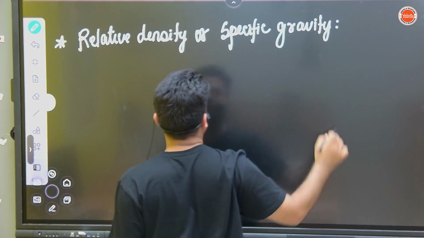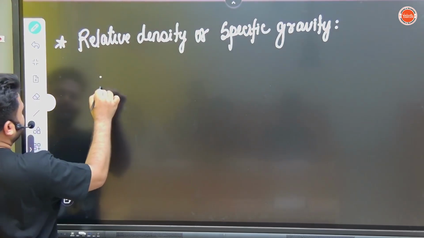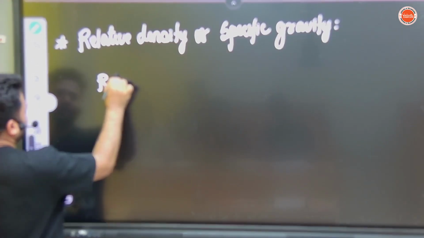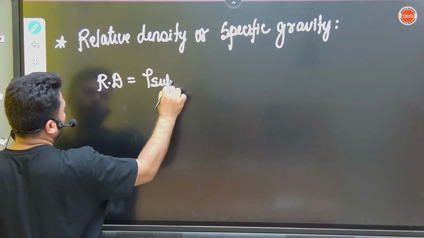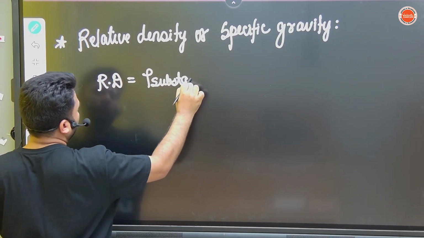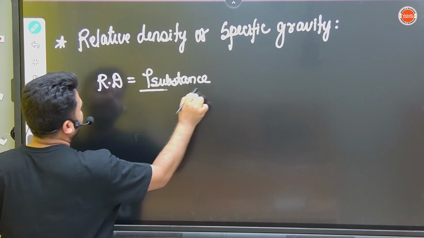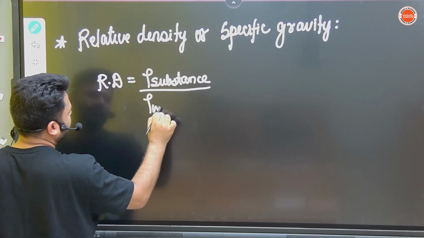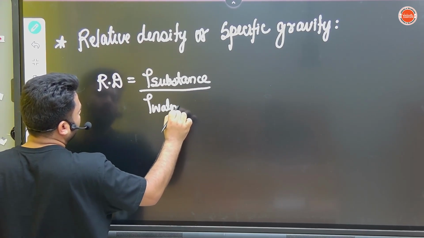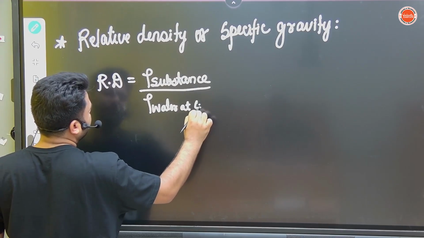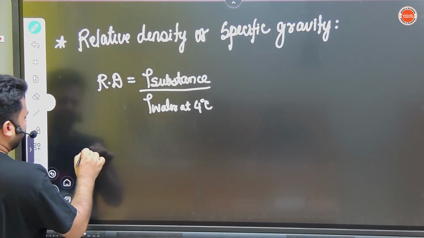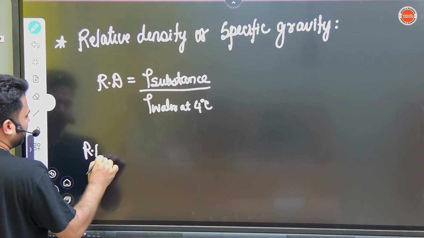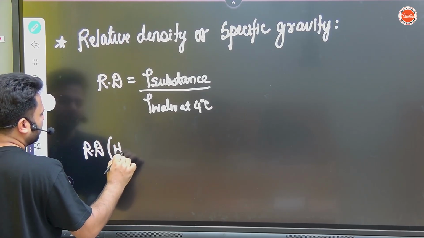Relative density is nothing but the density of any substance divided by the density of water at 4 degrees Celsius.